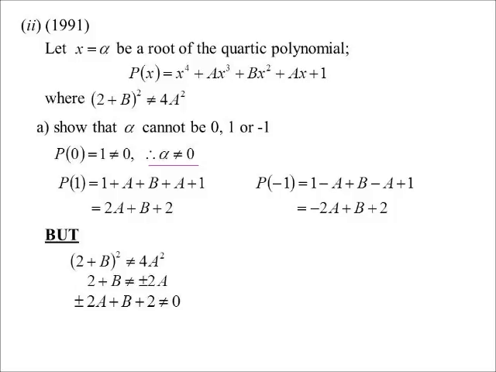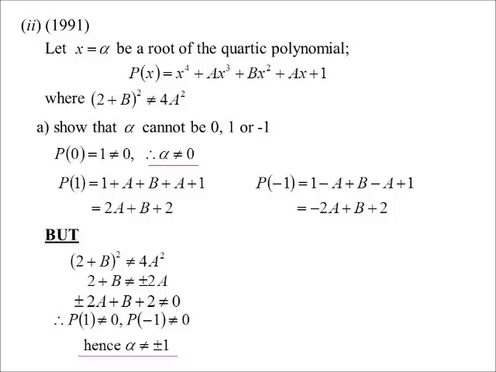And in the second one, if b plus 2 can't equal positive 2a, that can't equal 0. That's what the extra piece of information was for, so we could prove that. So, I'll do it all in one hit, plus or minus 2a plus b plus 2 cannot equal 0. Therefore polynomial 1 can't equal 0, polynomial -1 can't equal 0.